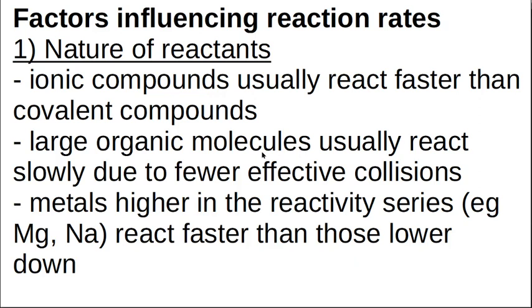So the larger the molecule, the more slowly they usually react, because there are fewer effective collisions. There's still hydrogen banging into that long alkene, but at the end of the day, the hydrogen doesn't always bang into where the double bond is. So the larger the molecule, especially organic ones, the slower the reaction rate, because there are fewer effective collisions.